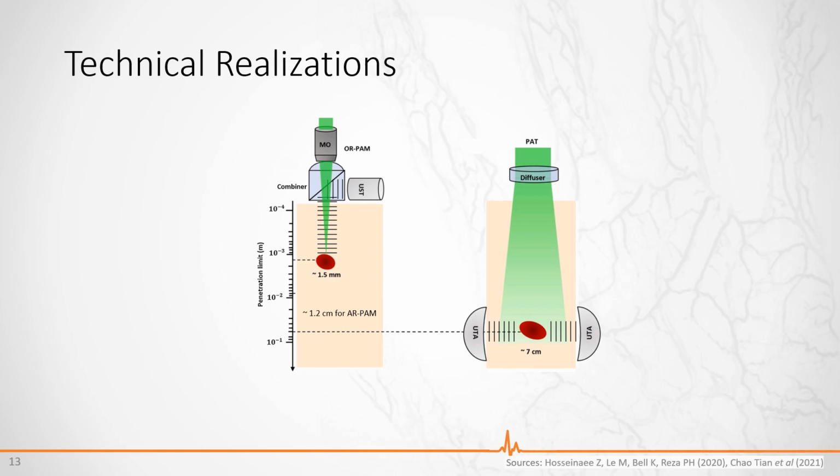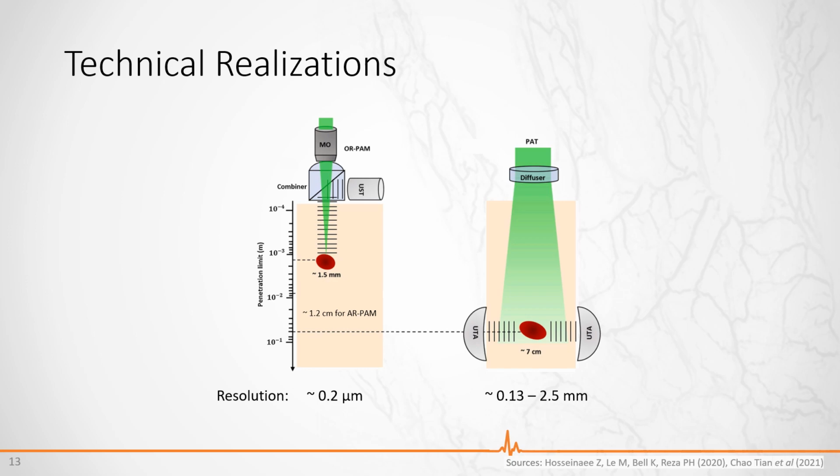The resolutions that are at the moment possible lie for the photoacoustic microscopy somewhere around 0.2 micrometers and are mainly limited by the wavelength and the aperture in sound or light, depending on the technique.